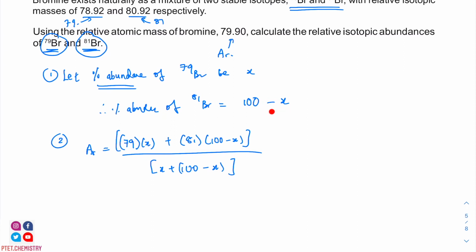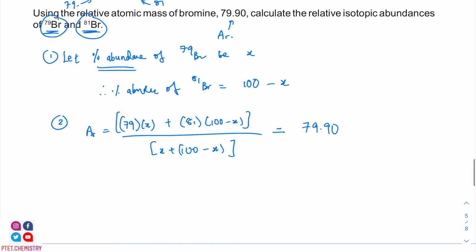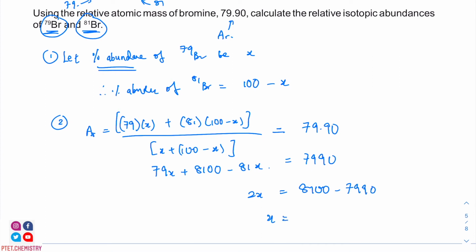I work this out by subtracting from 100% anyway, and that is equal to the AR, the relative atomic mass, which is 79.90. Okay, so the bottom bit actually gives me 100%, so I can move the 100 up there. It will give me 7990. 79x plus 8100 minus 81x. I will get 2x equal to 8100 minus 7990. So 110 over 2. That is 55%.